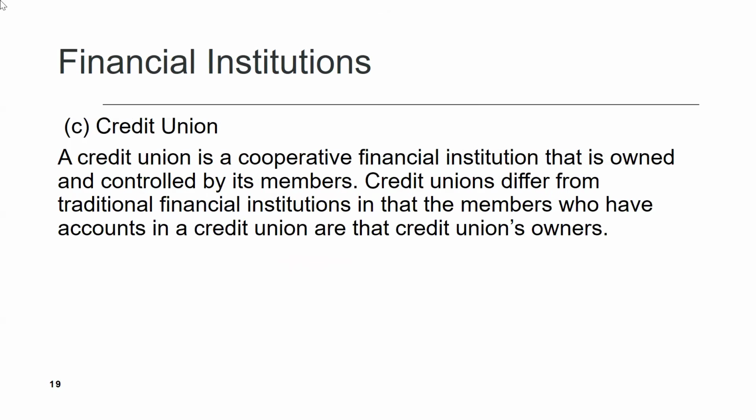You have credit unions. These provide similar services to commercial banks, but they are set up quite differently. Banks are created to make a profit. Credit unions are owned and controlled by the members and are created to benefit the members.